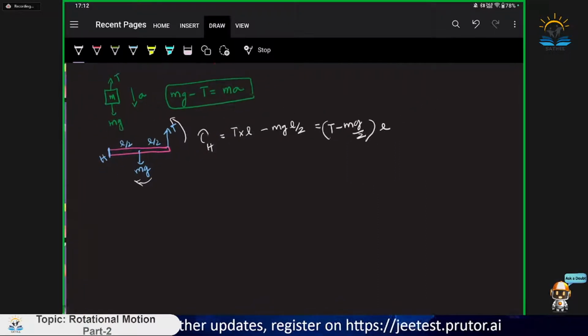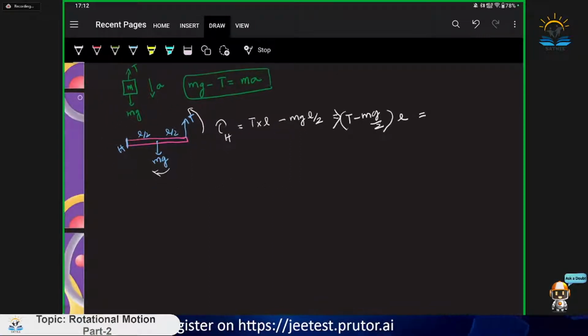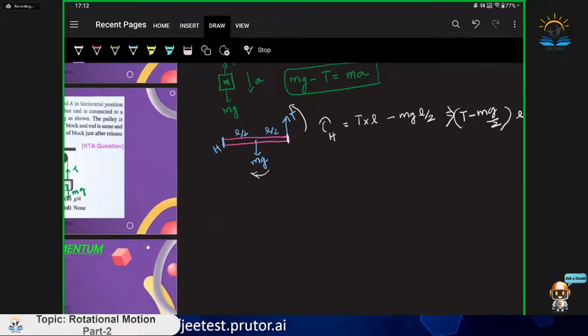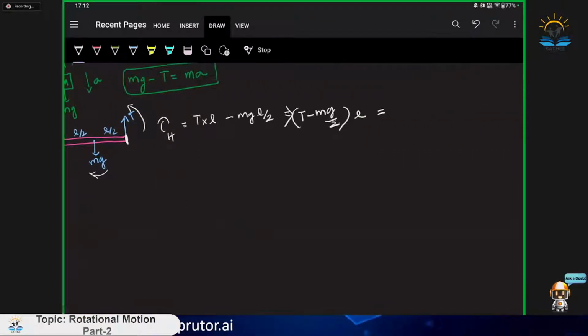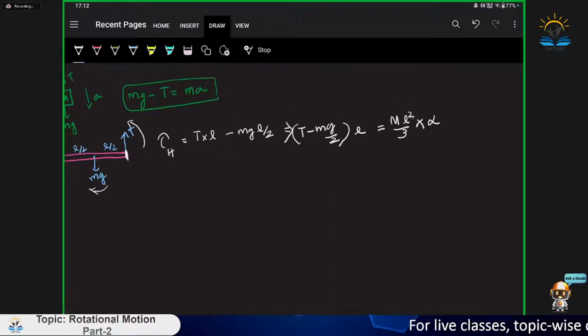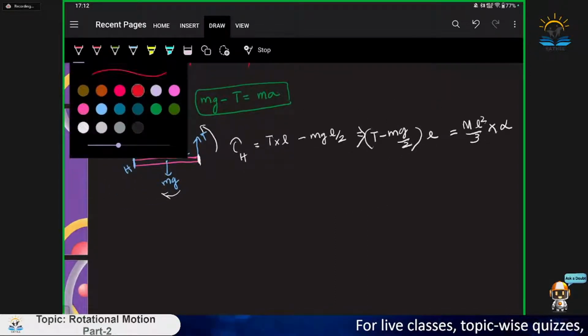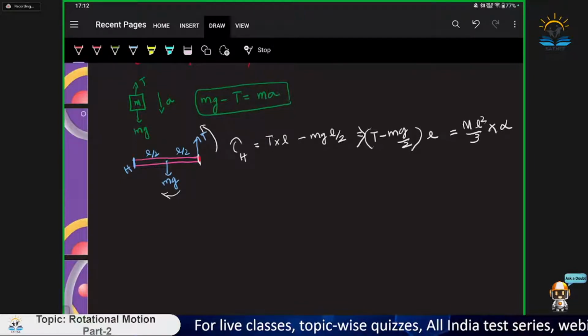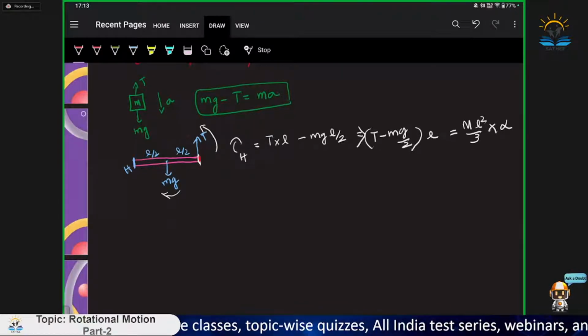This will be equal to tau equal to I alpha. The rod is rotating about its one end, so what will be the moment of inertia? ml square by 3. So ml square by 3 into alpha. Here we will get an equation for alpha. Before that, see, this point has a circular motion, right?